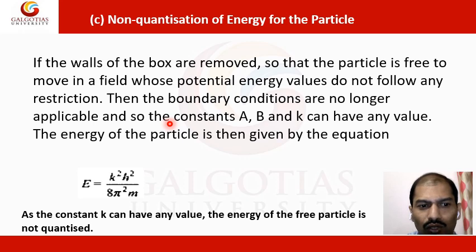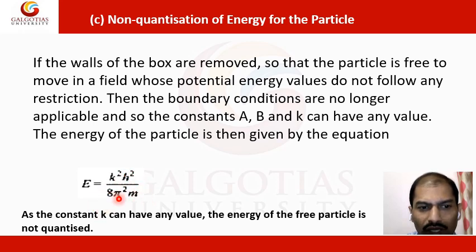And so the constants a, b and k can have any value. The energy of the particle is then given by the equation k square h square upon 8 pi square m.